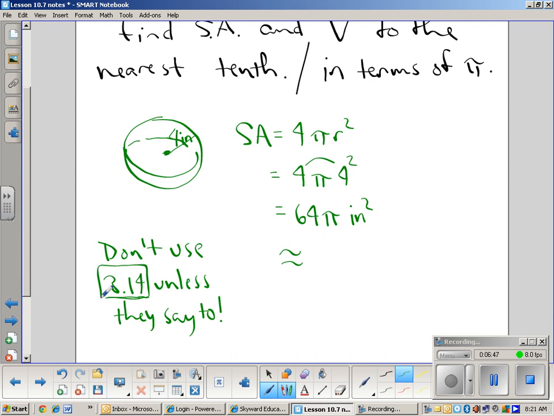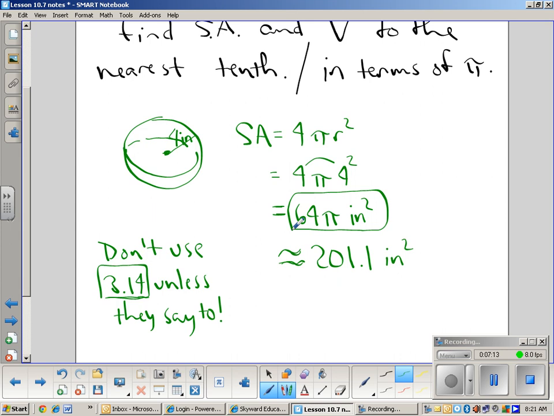So someone tell me, what is this to the tenths place? 201.1. Okay, notice I use an equal sign here, and an approximate symbol here. That's because this is an exact value.